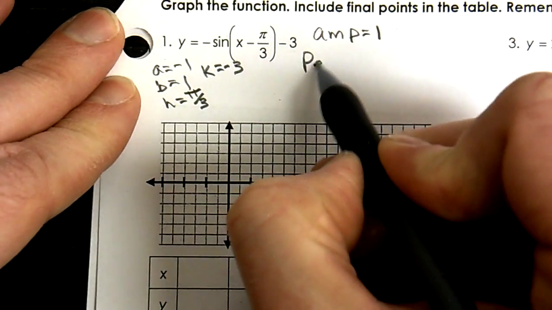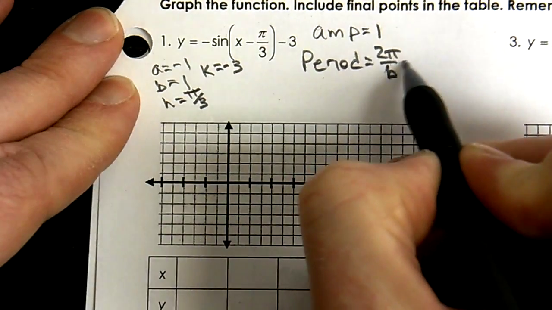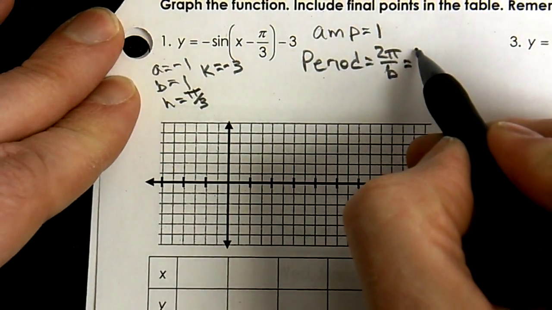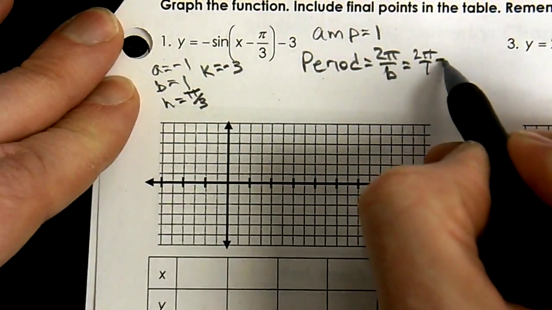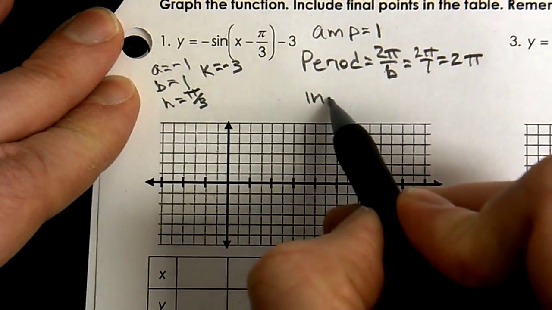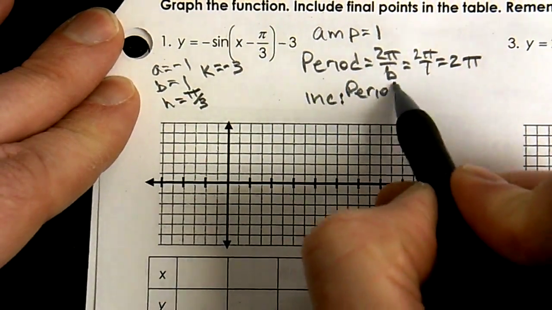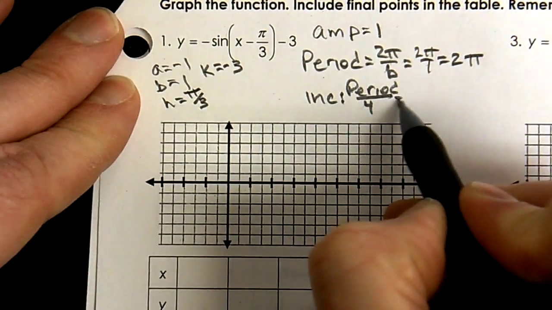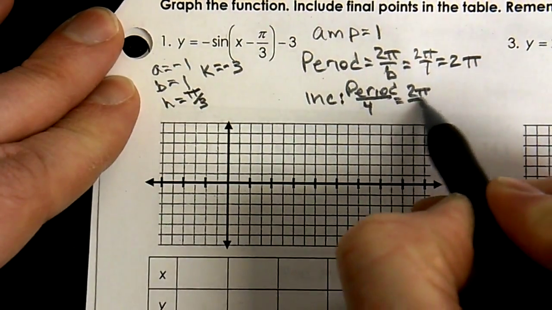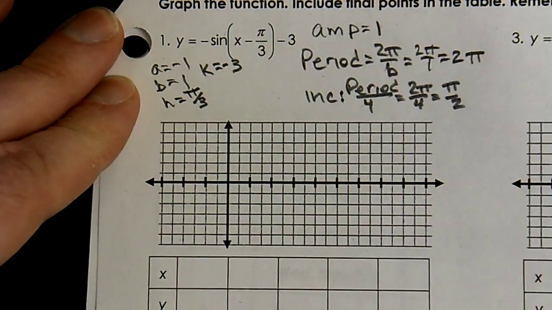So we'll calculate the period, which is 2 pi divided by B, 2 pi divided by 1. We'll calculate the increment, which is the period divided by 4, 2 pi divided by 4, which gives us pi over 2.